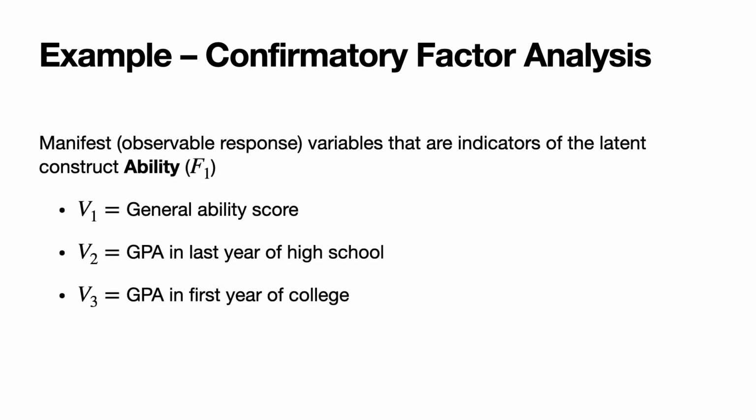The manifest or observable variables that are indicators of the latent construct ability, or F1, are the three manifest variables V1, V2, and V3. V1 being general ability score, V2 the GPA in the last year of high school, and V3 the GPA in the first year of college.